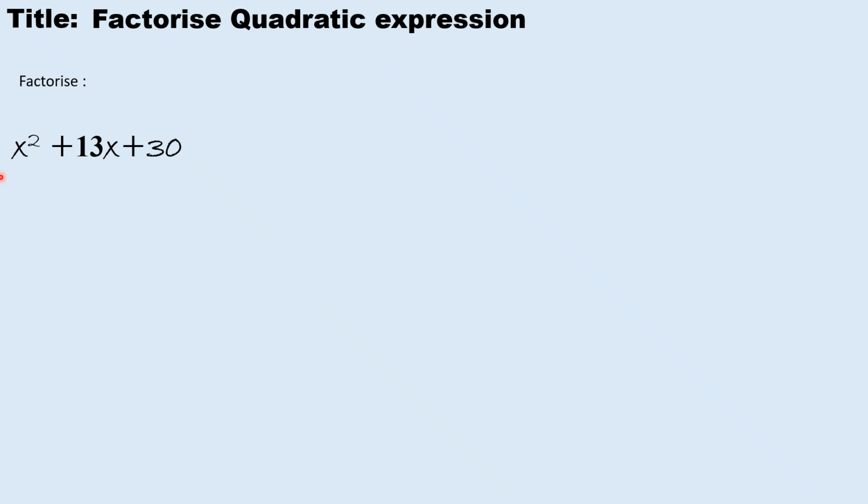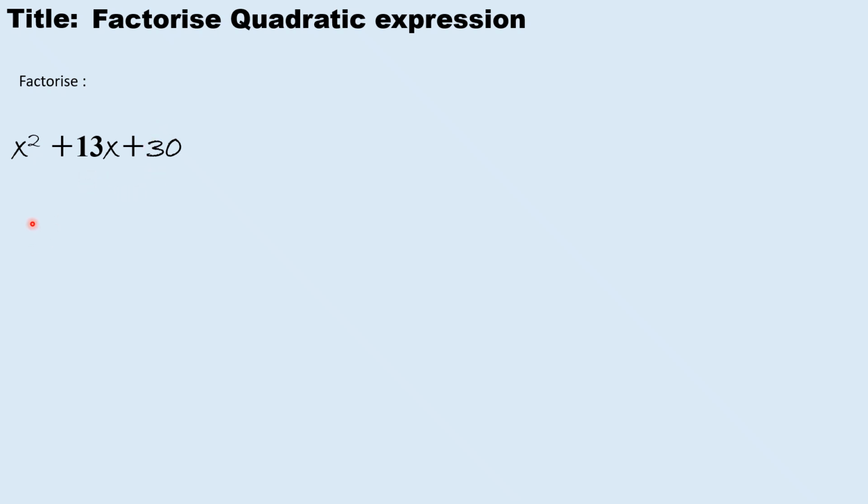Okay, let's look at this one again. You can pause the video and have a try to fully factorize x squared add 13x add 30. Okay, let's factorize. Again, remember our constant 30, we need two factors of 30 that multiply to give us 30 and add to give us 13.